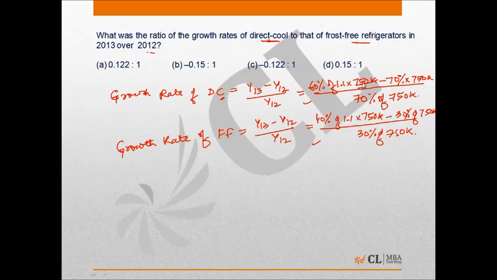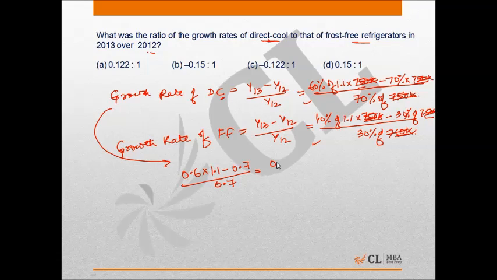If you look at this, 750k gets eliminated from the numerator as well as the denominator in both the calculations. So we are left with just this as 0.6 into 1.1 minus 0.7, whole divided by 0.7.